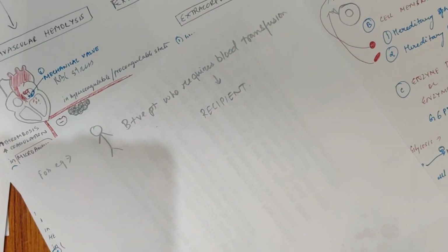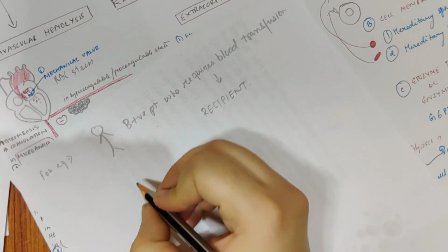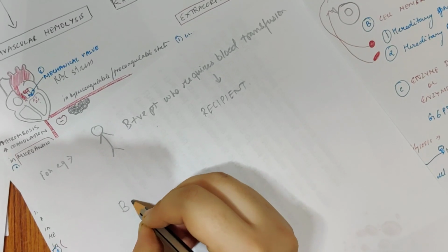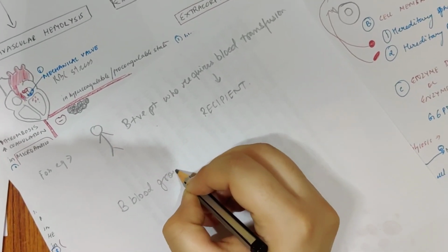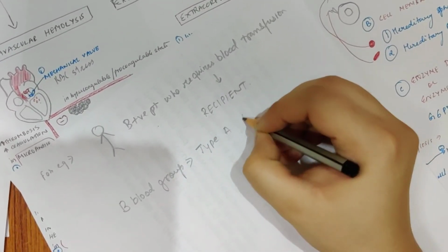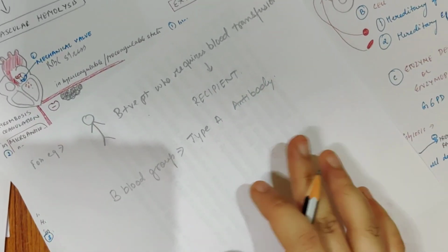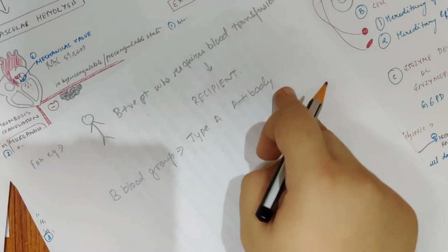If you have studied your blood grouping well, then you know that each blood group also has its corresponding antibodies. Here we have taken the example of blood group B positive. A B blood group will have a type A antibody. So we know this recipient has B blood group and has a type A antibody.